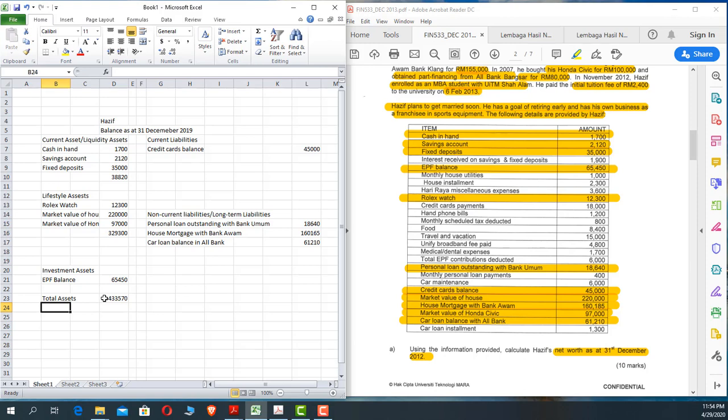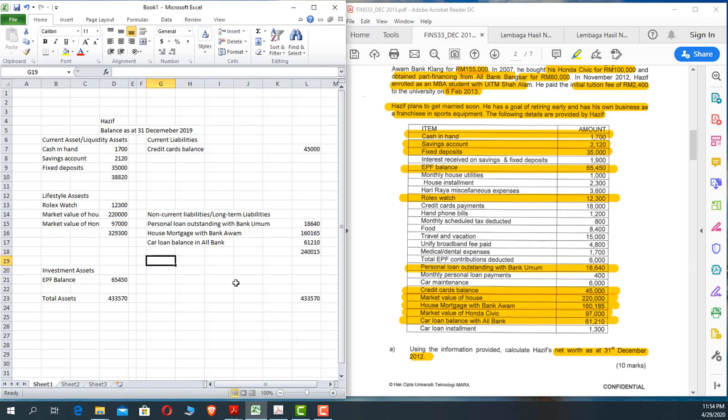So you get here, okay. So this is the total for current liabilities 45,000, and then it is total for non-current liabilities, and that's for the net worth.